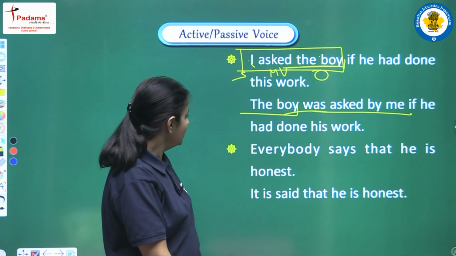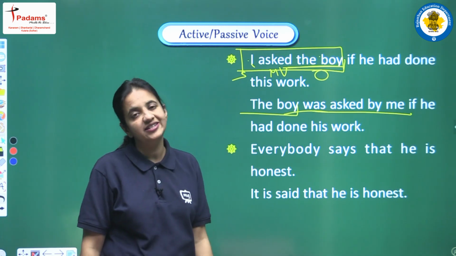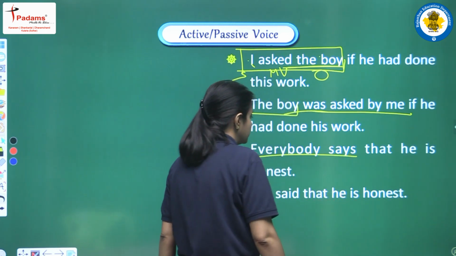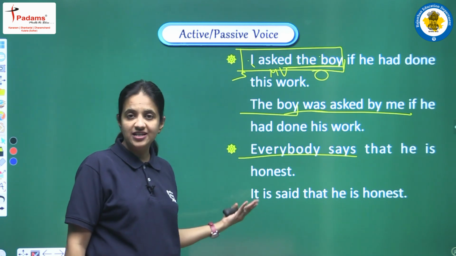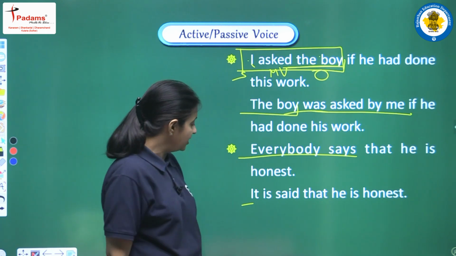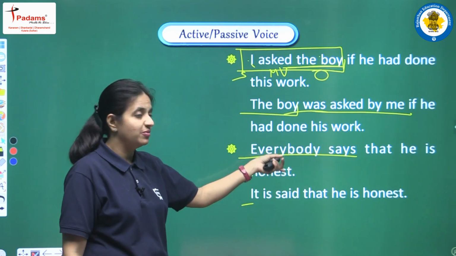Okay. Next is everybody says that he is honest. Again two clauses are there in this sentence. The main clause is everybody says. Subordinate clause is he is honest. So we have to follow the same rule. We have to start the sentence with it, and we have to convert only the main clause into passive voice, that is everybody says.